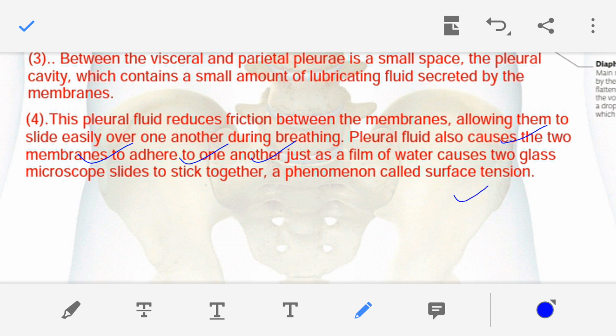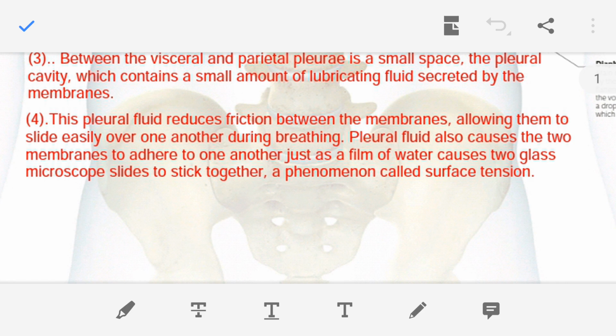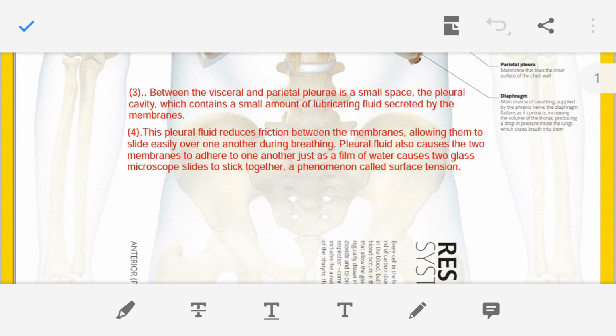So due to surface tension, these two glass slides adhere or stick to each other. The same way, since this pleural fluid is present between these two membranes, these two membranes stick together, they adhere to each other. Okay, and at the same time this fluid is also reducing the friction.